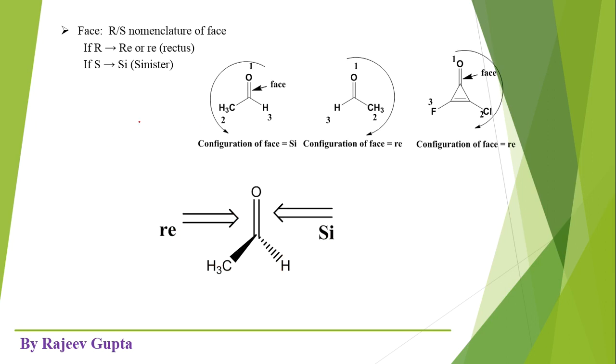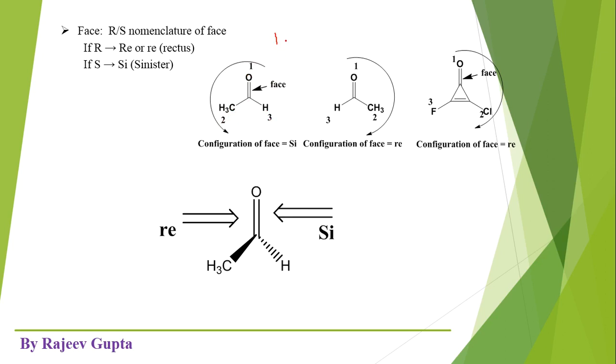Now we can assign this pro-chirality descriptor for the faces in carbonyls or alkenes. If we get an anti-clockwise arc direction, we assign Si, sinister, and if we get clockwise, then we assign Re, or rectus. In this aldehyde, CH3CHO, oxygen gets number 1, then the carbon atom of the methyl group gets 2, and this hydrogen gets the third priority.